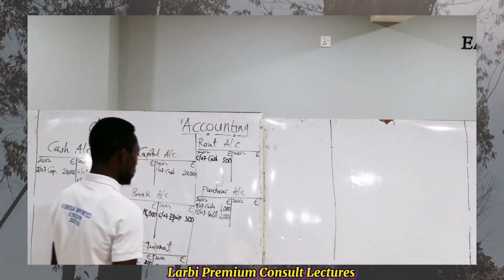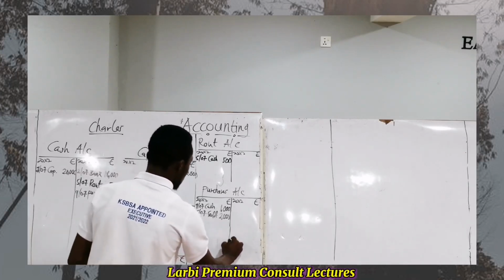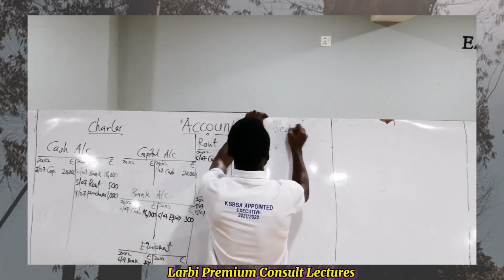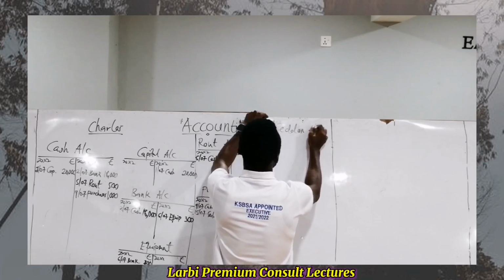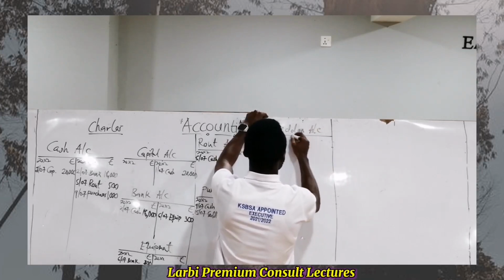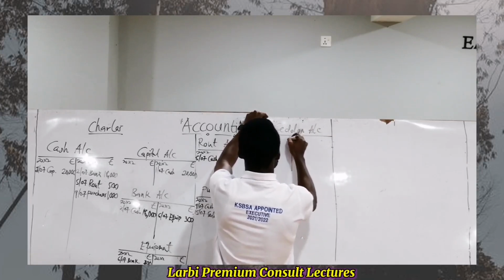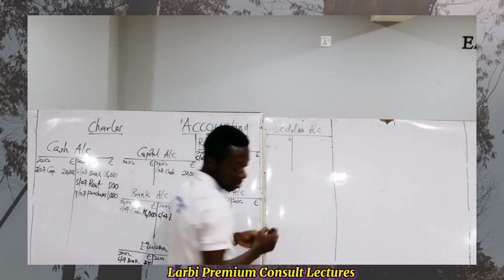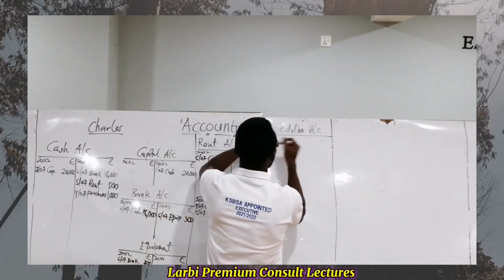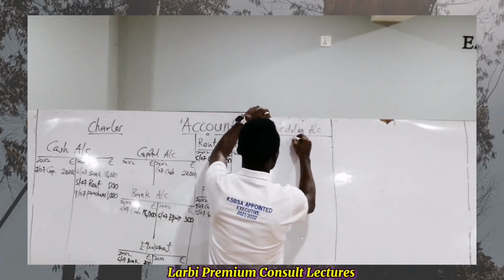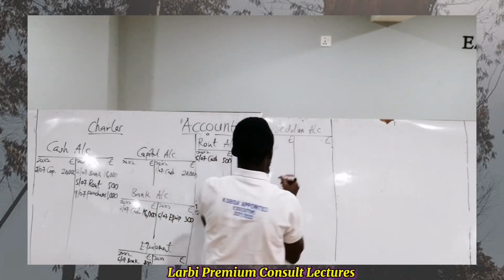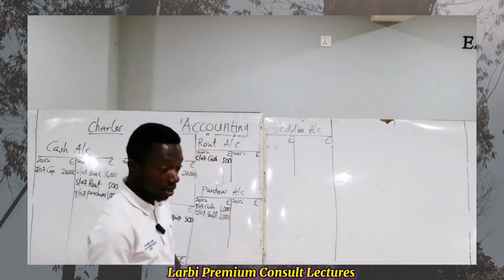So let's see how that one also goes generally here. So let me have that account here. So we have Sedon account as being a supplier. We will have it here. Okay. Then we'll have our currencies coming up generally here.